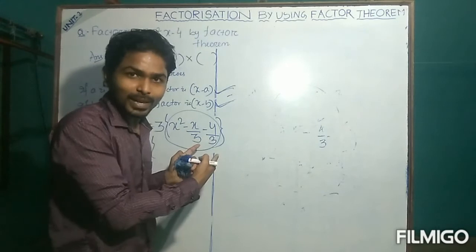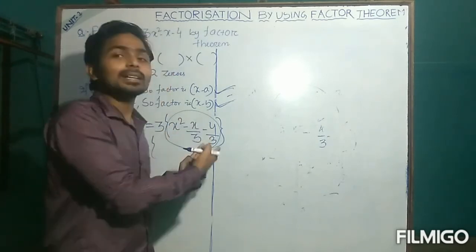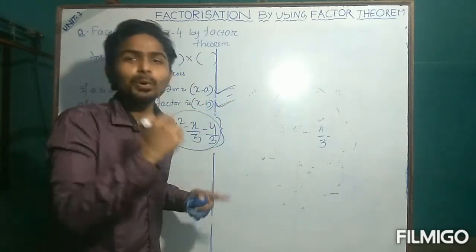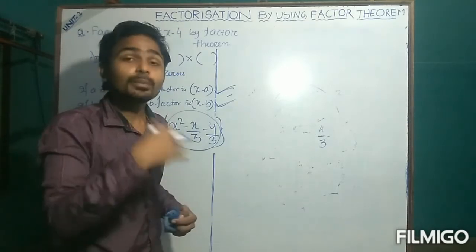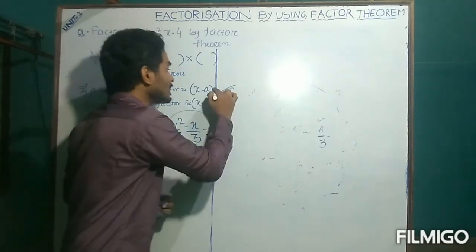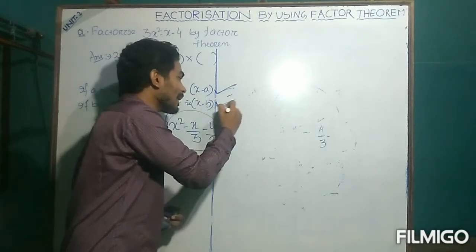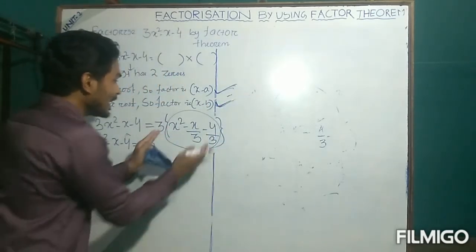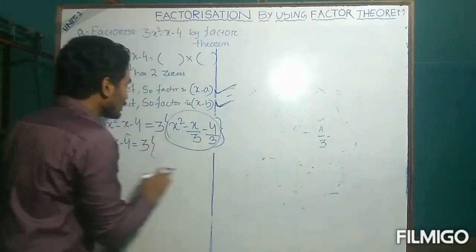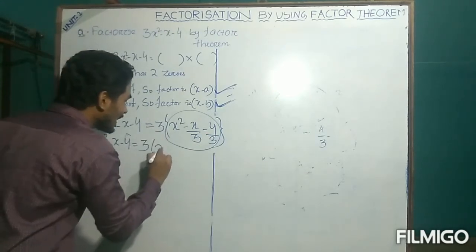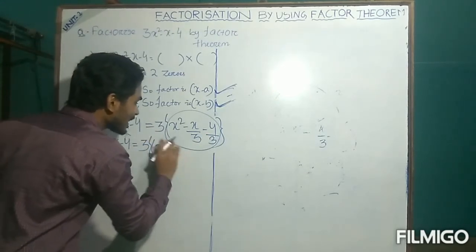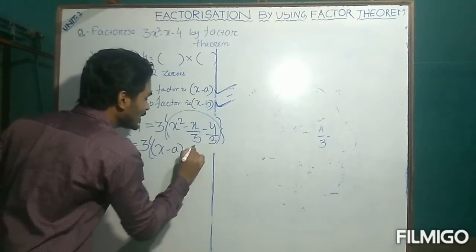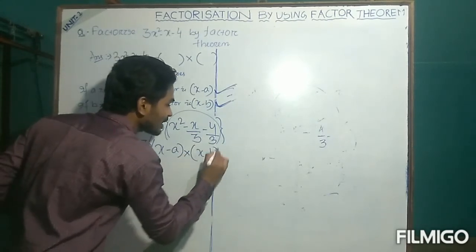This is the quadratic polynomial, and we have to make this quadratic polynomial into the product of two linear polynomials, or into the product of two factors. What are the factors? x minus a and x minus b. That means in place of this quadratic polynomial, we can write x minus a whole into x minus b.